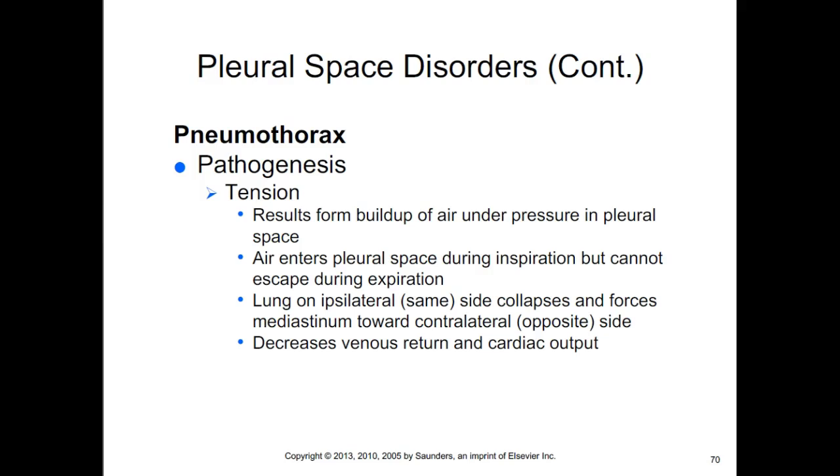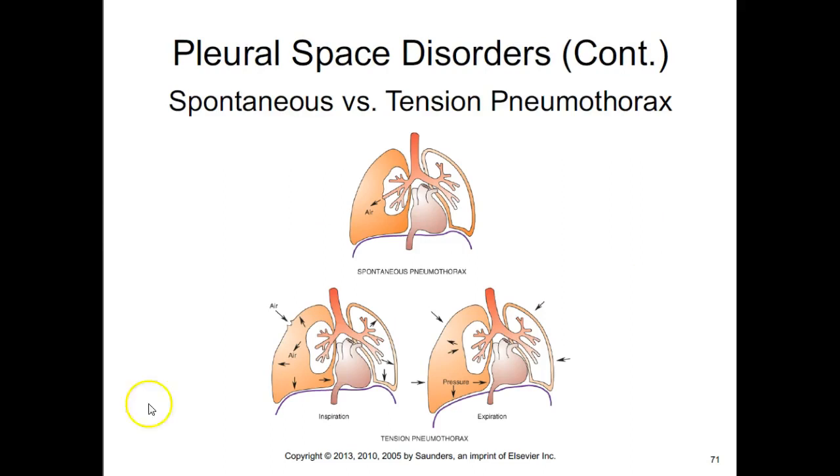Air enters the pleural space during inspiration but cannot escape during expiration. And so the lung on the same side collapses and forces the mediastinum towards the contralateral side. So you'll see the mediastinum being deviated on x-ray, right? So it decreases venous return and cardiac output.